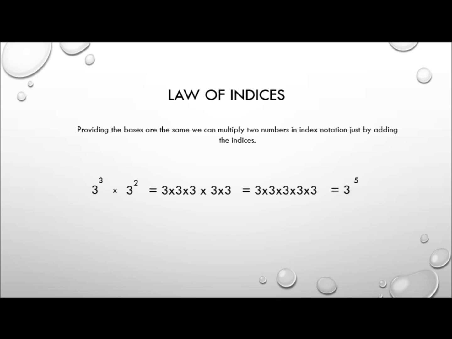Because the bases are the same, 3 cubed is 3 times 3 times 3, which we're multiplying by 3 squared, which is 3 times 3. So this is the same as 3 times 3 times 3 times 3 times 3, which is 3 to the power 5. We might as well just add the two indices: 3 cubed times 3 squared is equal to 3 to the power of 3 plus 2, which is 3 to the power 5.